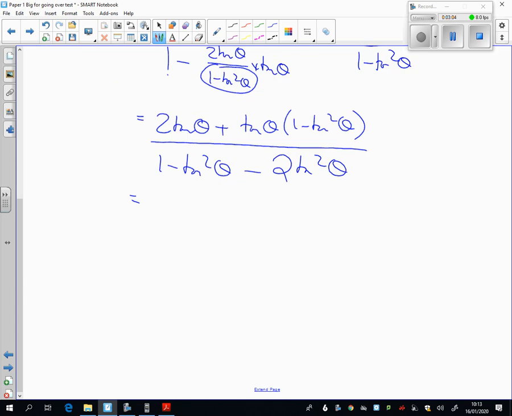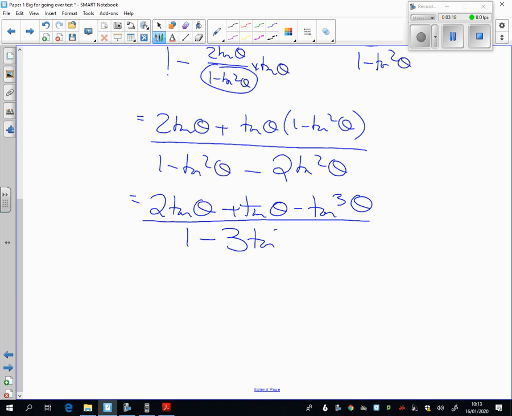Well, I think we can almost see we're nearly there now, can't we? So I've got 2 tan theta plus another tan theta minus a tan cubed theta, all divided by 1 minus 3 tan squared theta. You should see that we're finished now.